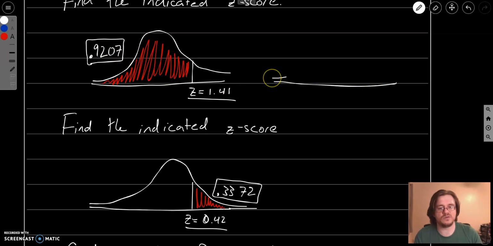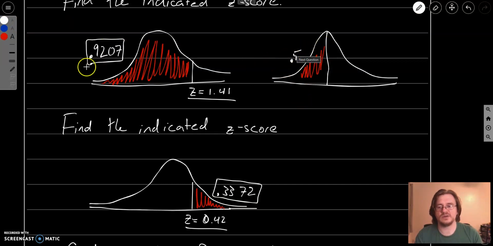Remember, 50% of the area is to the right of the middle, so this is going to be 0.5. Since this is bigger than 0.5, I know my z-score is going to have to be positive, because it's going to be to the right of 0. I know it's going to be a positive number, but I don't know which one.